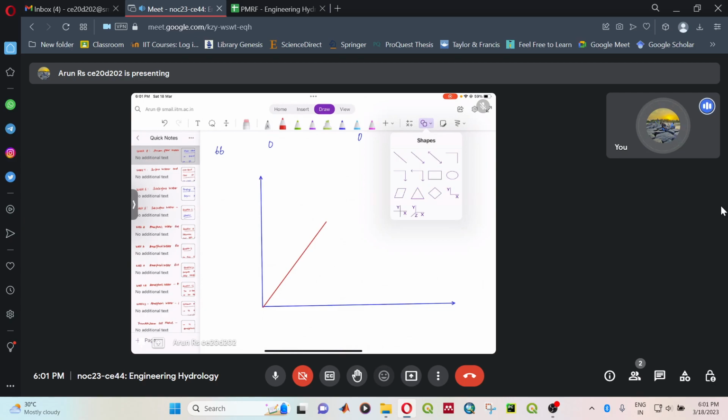So first I'm drawing the DRH. Next I'll draw the unit hydrograph. They both have the same time to peak as well as time base.